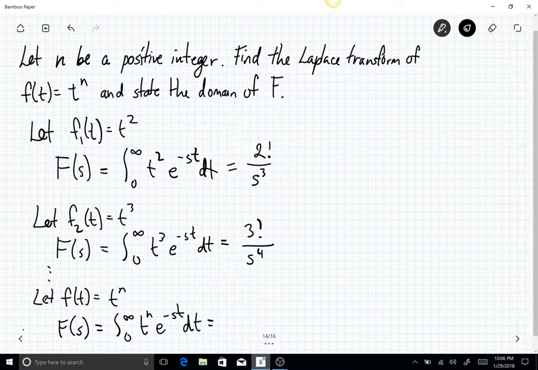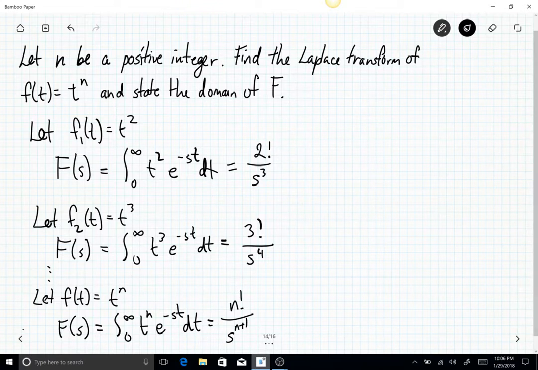When we had 3, we got 3 factorial on top. When we had 2, we had 2 factorial on top. The previous one, 1 factorial is just 1, so you're going to get n factorial on top. And down below, notice when it was 3, it went to 4. When it was 2, it went to 3. So in this case, it'll go to s to the n plus 1 power.